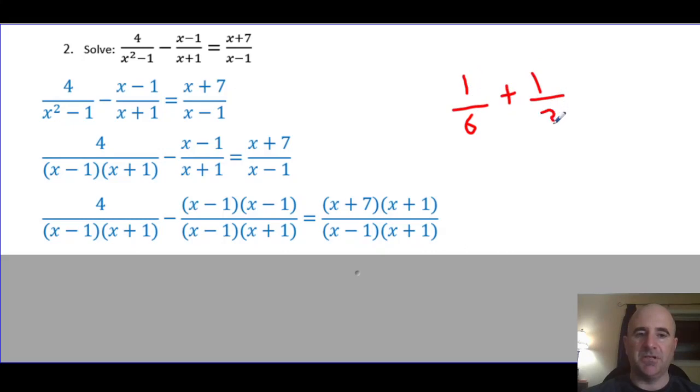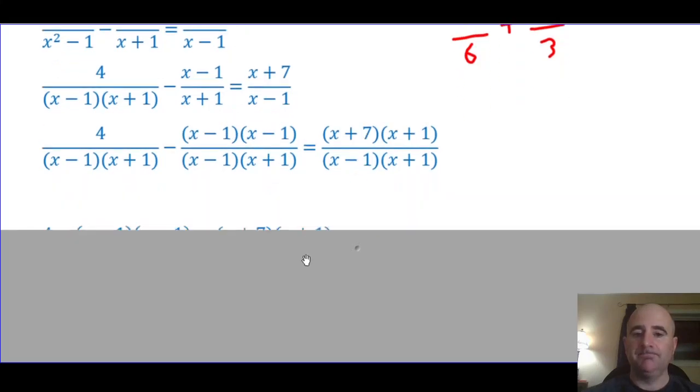The lowest common denominator here is not 18, it's 6. You can multiply this one by 2 to make it 6. Here I can multiply this one by x minus 1 to make it the same as this denominator. And I can multiply this by x plus 1 to make it the same as this denominator as well. It's exactly what I've done. Multiply by x plus 1 here, x plus 1 here, x minus 1, and x minus 1.